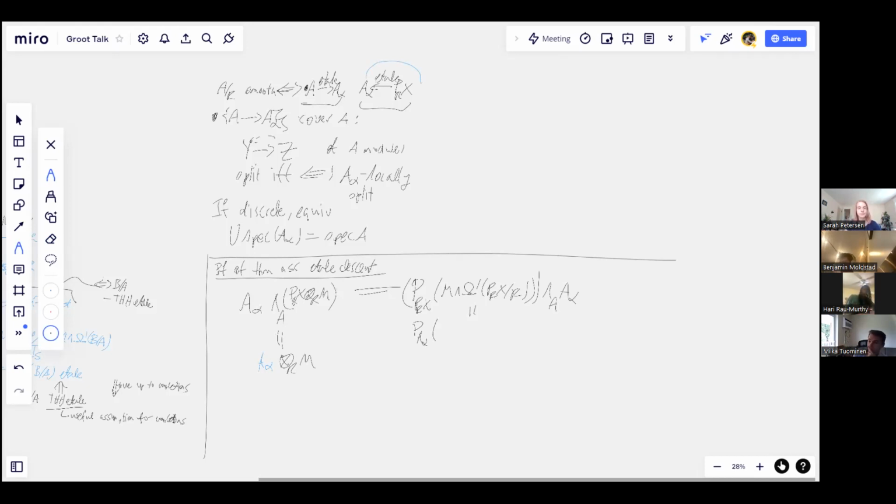There's a property of polynomial algebras I can use here. Smash over, oh, I'm sorry, this A should be a PRX, polynomial algebra. Now, omega 1 satisfies étale descent.